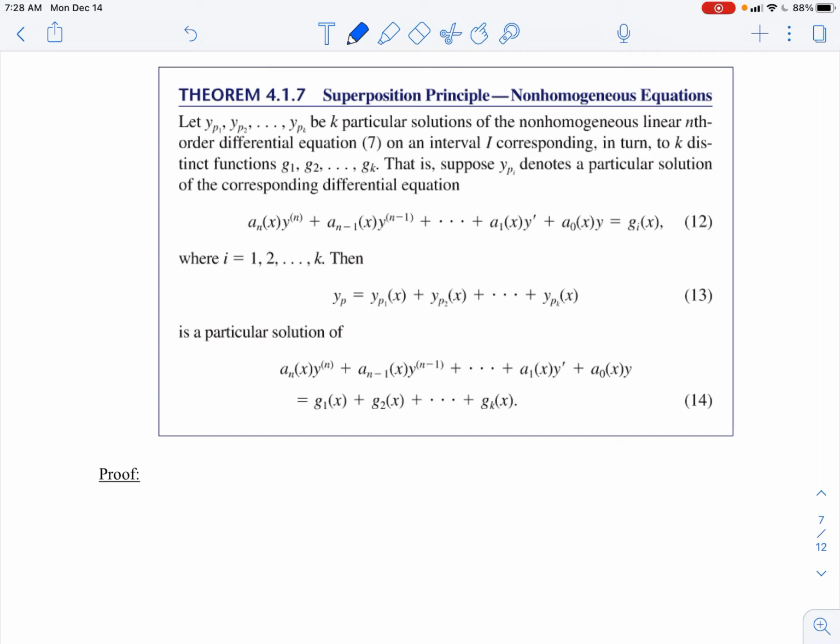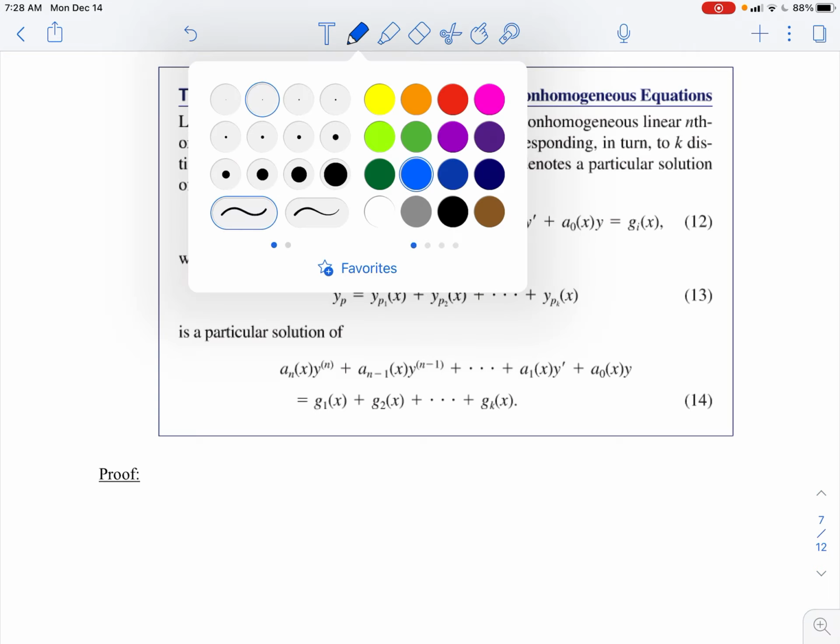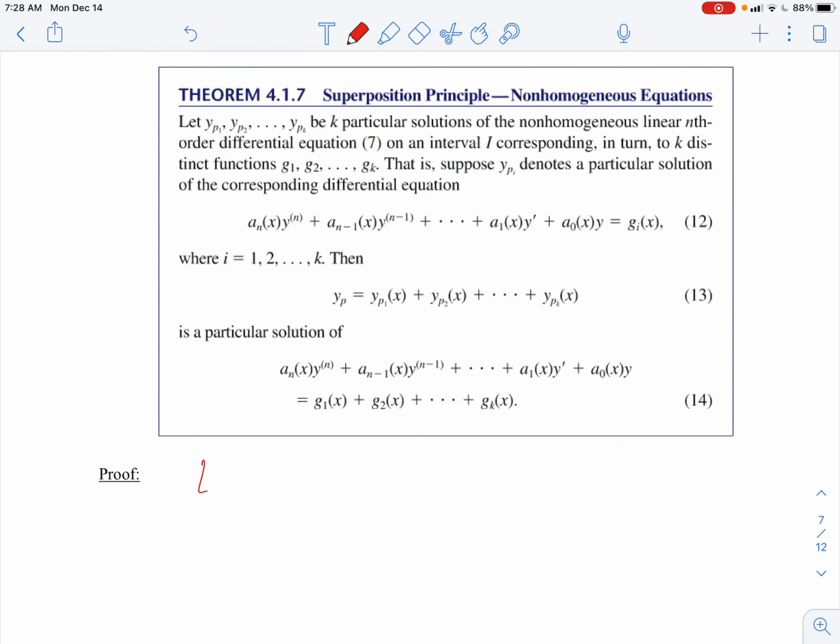And we're going to let y sub p1 of x and y sub p2 of x be particular solutions of the non-homogeneous equations. So we have two equations: L of y equals g1 of x, and L of y equals g2 of x.